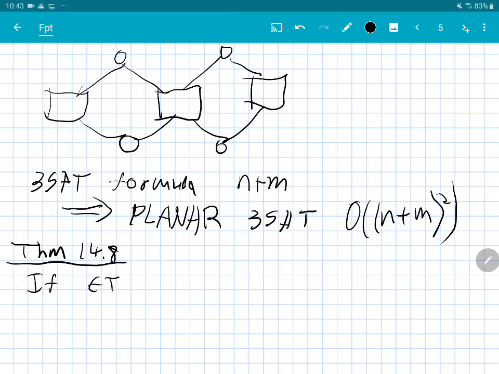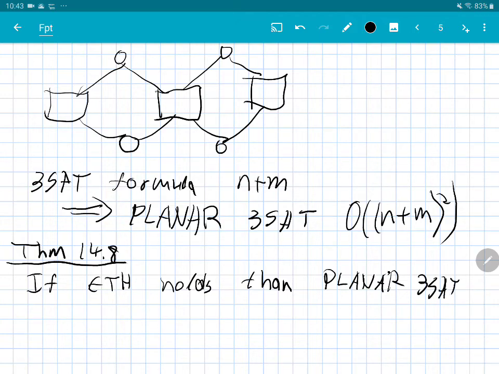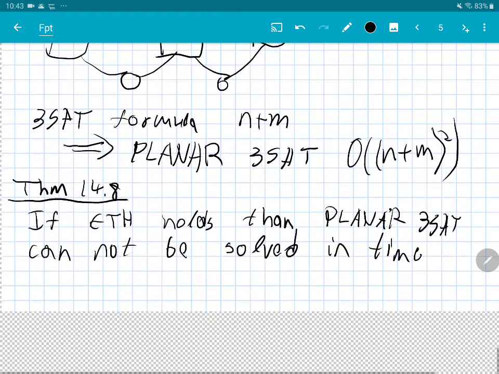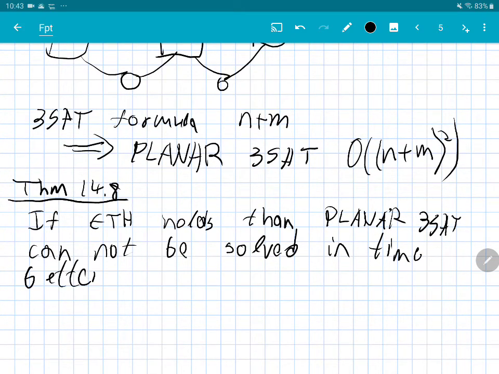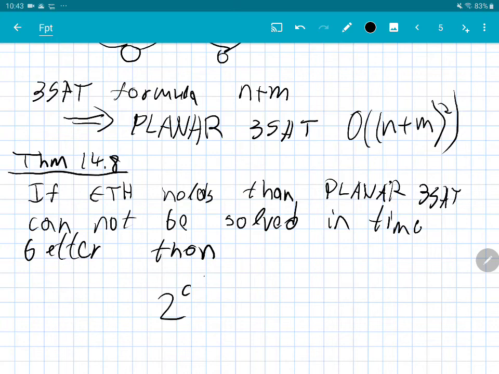If ETH holds, then planar 3-SAT cannot be solved in time better than, well, if it's of size n plus m, some constant times the square root of n plus m.